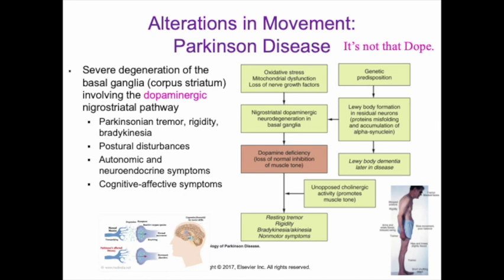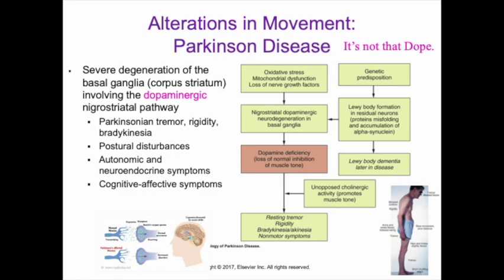Parkinson disease is a commonly occurring degenerative disorder that involves deficits of dopamine. This is why I put it's not that dope. It doesn't affect the gamma aminobutyric acid like Huntington's. It's not going to affect norepinephrine or acetylcholine.